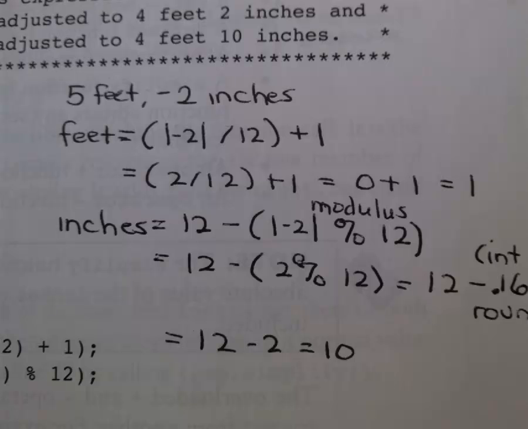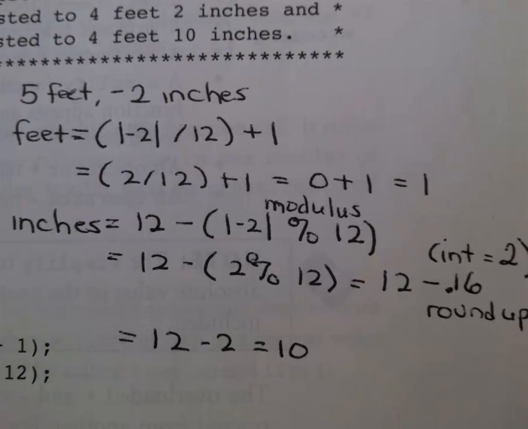And then for the inches, you take 12 minus that, what we just did, the absolute value, and then the modulus. It's the same way as the 5 feet 18 inches. It's the same thing in the opposite. So you take the absolute value modulus 12.